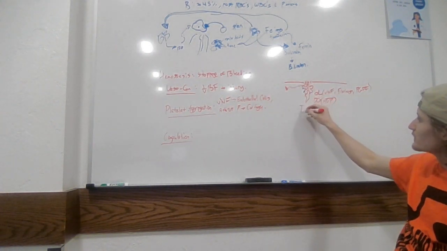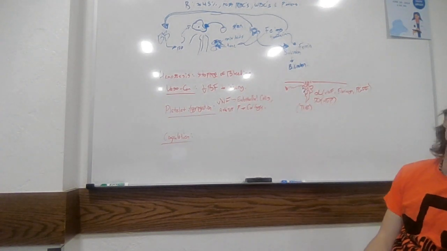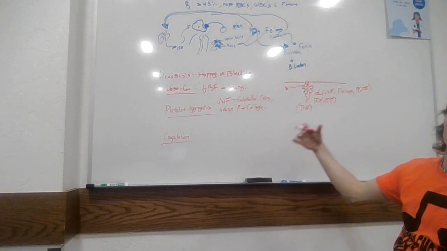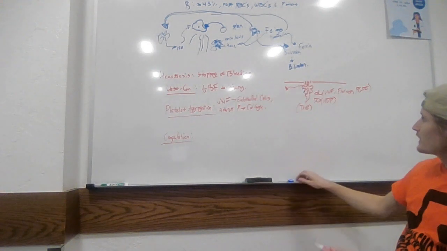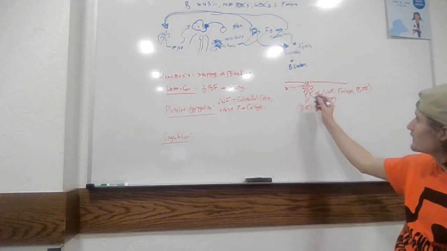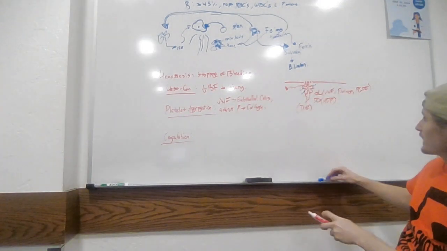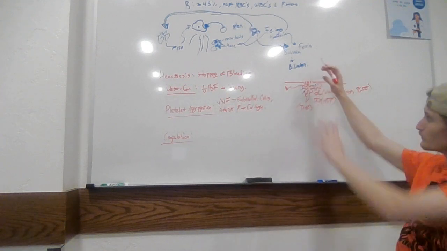The platelet's also going to release thromboxane, and then thromboxane is going to activate more and more of the platelets. Fibrinogen is then going to attach to the actual receptors here, which are then going to link more platelets together. And if I can draw, I'm going to draw a real small one, but now we're going to have a platelet like this, and it's going to start covering the wound.